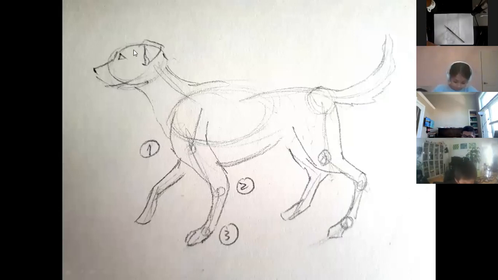And if we look at the head, we can see the nose. It is protruding up because the dog has a comparatively long nose. So the nose stands out, and we can see 2 ears. At this angle, we can see only 1.